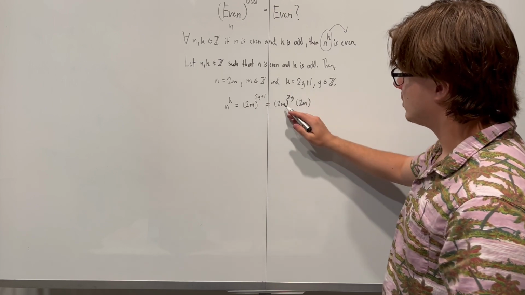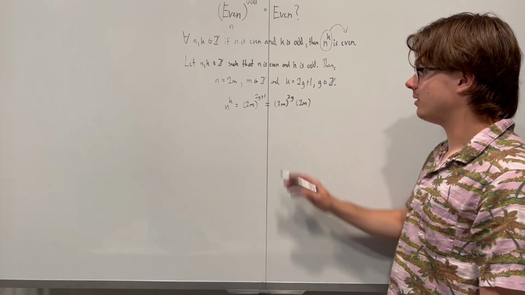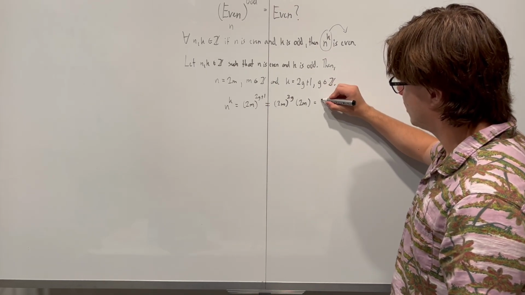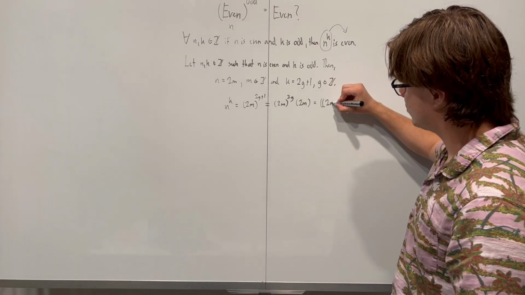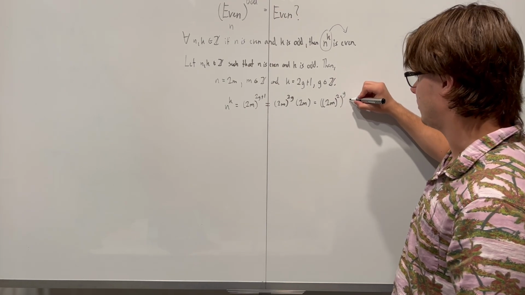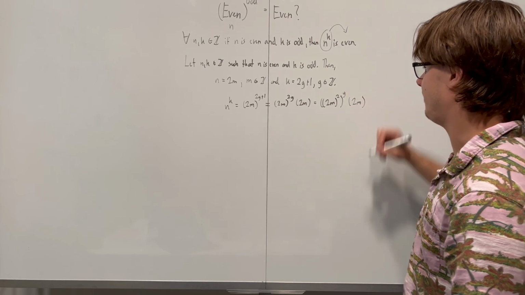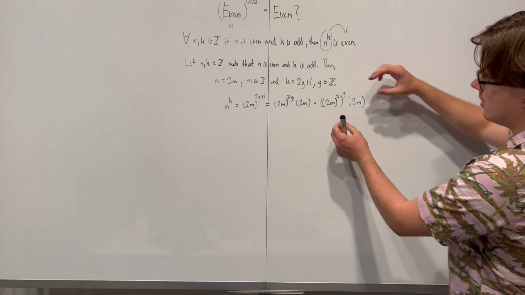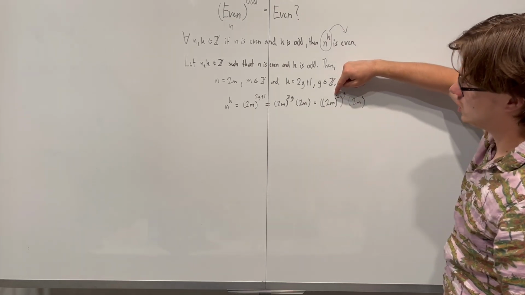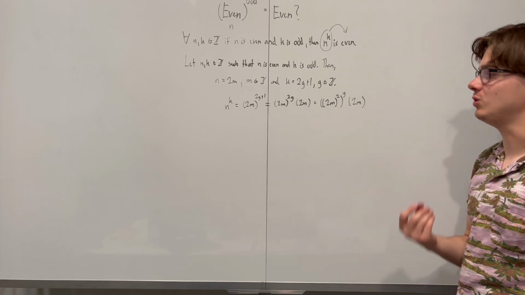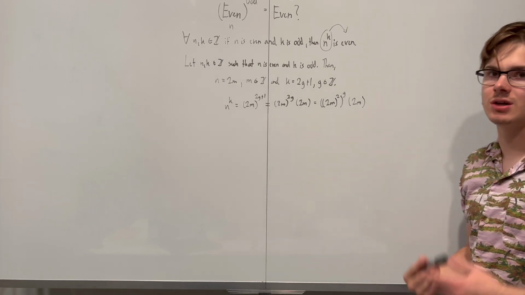So instead what I'm going to do is split our (2m) to the power of 2g again. We're going to write this out as (2m) squared, to the power of g, multiplied by 2m. The reason I didn't do to the power of g all squared is because you can't really take 2m to the power of g. We don't know what g is. We just know g is some integer.